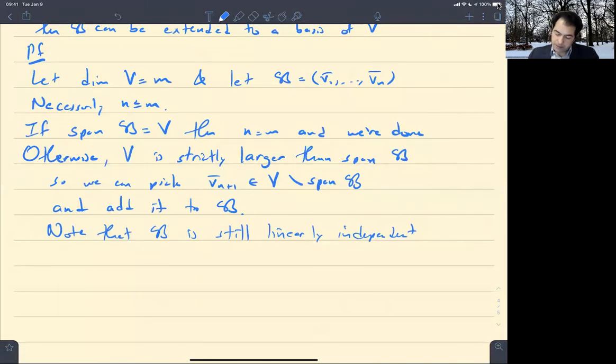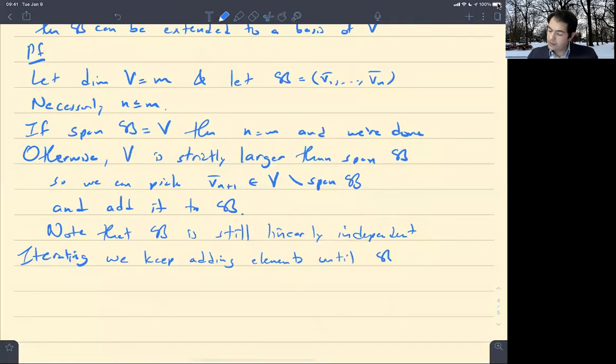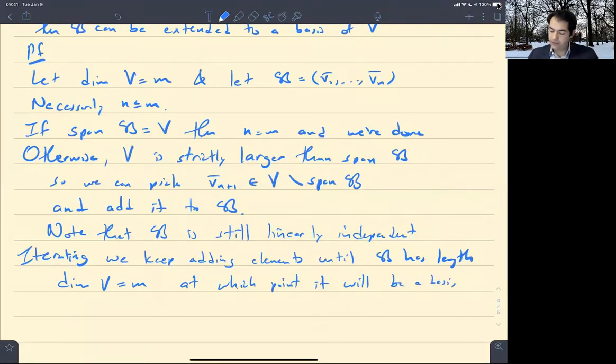Okay, now we iterate. Iterating, we keep adding elements until B has length dimension of V, right, which is M, at which point it will be a basis, which is what we wanted to show.